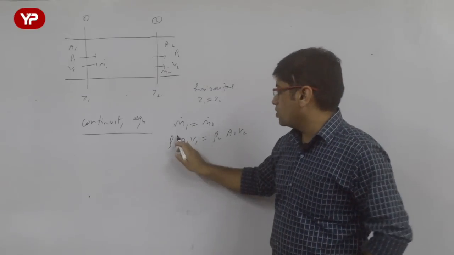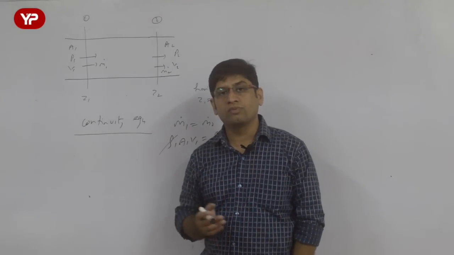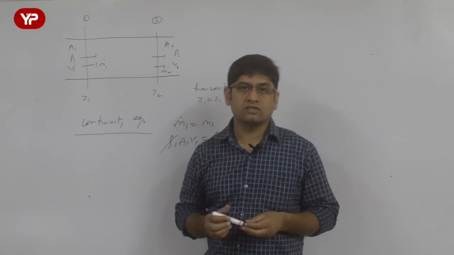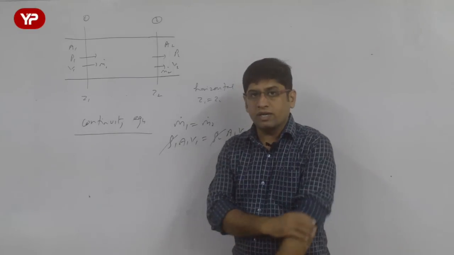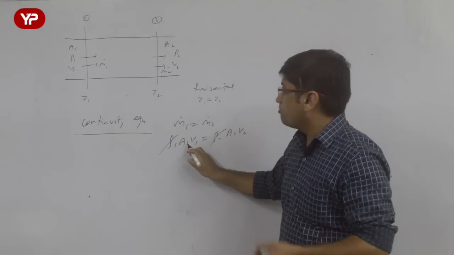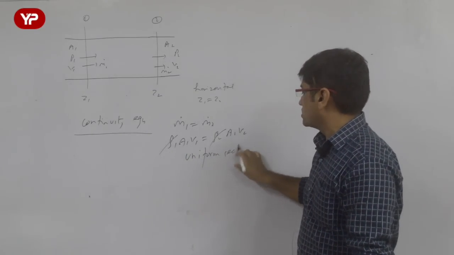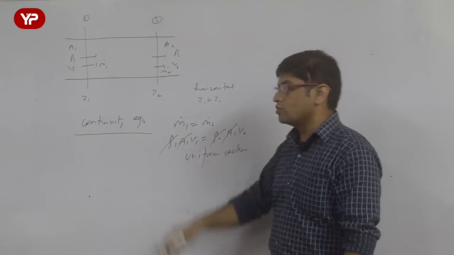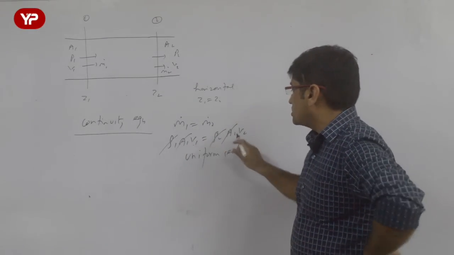Now if the fluid is incompressible, that is our assumption in Bernoulli equation. As I told you, the assumptions of Bernoulli equation are the same as the assumptions of Euler equation. So if we assume that the fluid is incompressible, rho 1 is equal to rho 2. And if the pipe is of uniform section, then A1 is also equal to A2. And from there we get V1 is equal to V2.